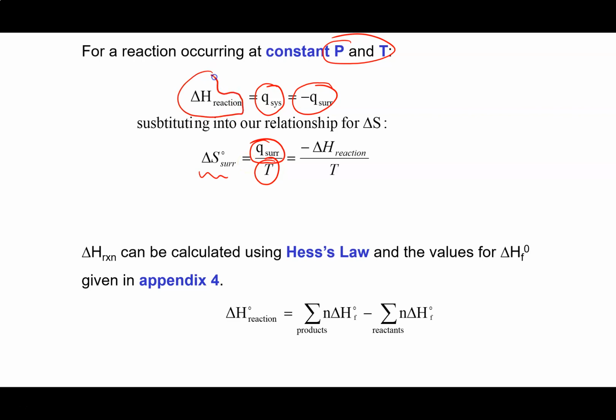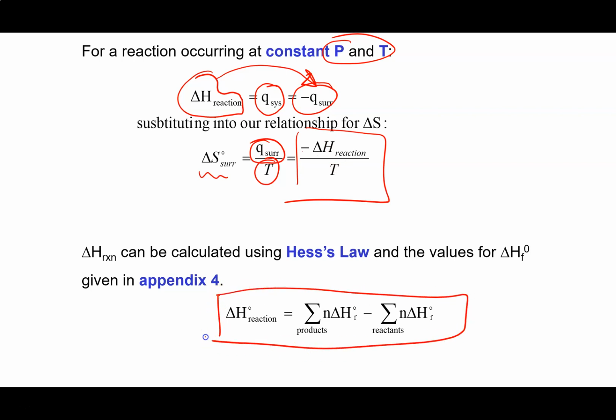And if I look up here, I can see that the heat transferred to or from the surroundings is just going to be equal to the negative of the enthalpy of our reaction. We also know, and I mentioned this a moment ago, that we can do a Hess's law type calculation to use tabulated values of the heats of formation of our reactants and products to calculate the enthalpy change of a reaction.